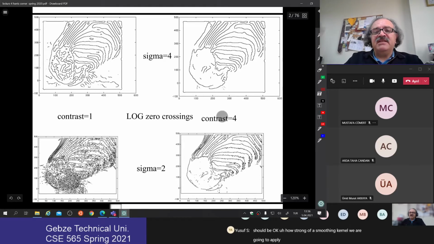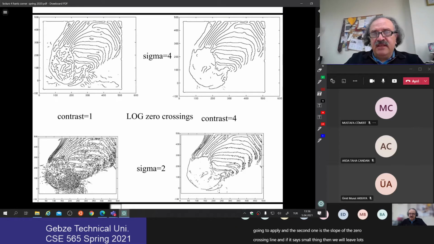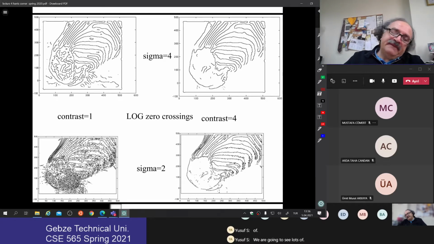And the second one is the slope of the zero crossing line. And if it's a small thing, then we are going to see lots of details, etc. So that was kind of a summary of what we did last time.